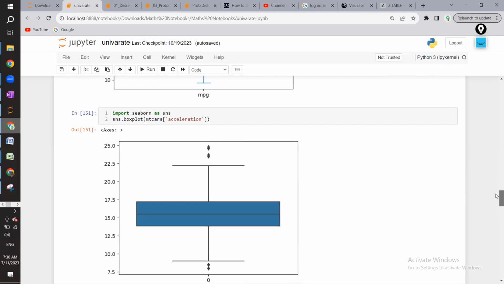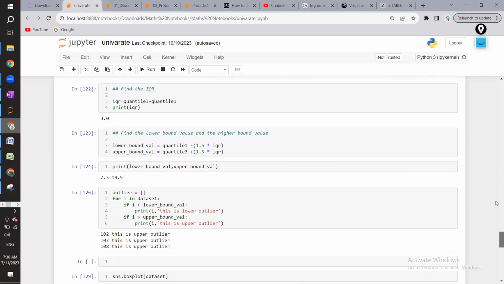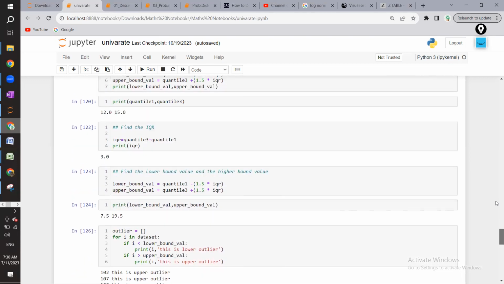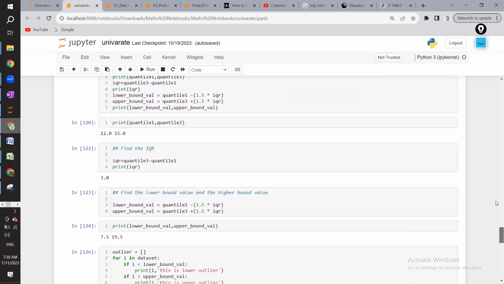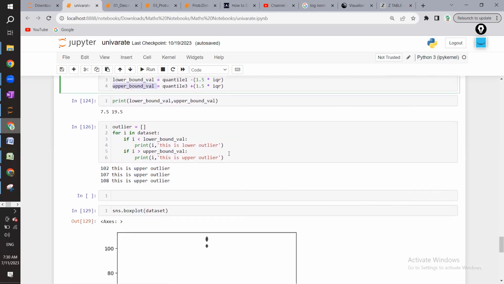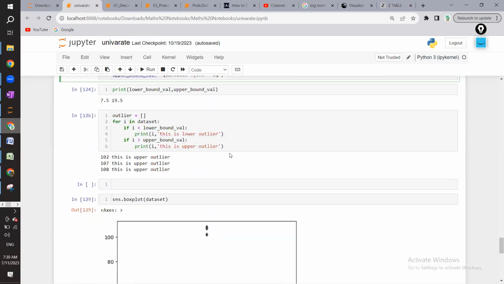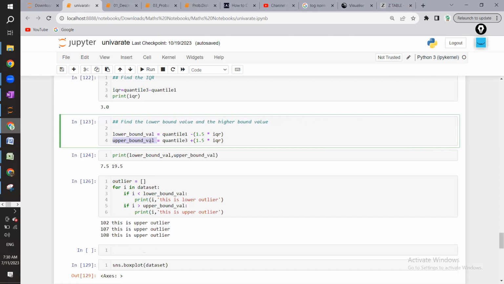That is regarding the box plot. And apart from that, I've also shown you quantiles, IQR, lower bound, upper bound. Anything less than the lower bound, or anything greater than the upper bound, will be an outlier. Did you remember these concepts or are they gone? Yes, Santosh remembers. Okay, fine.